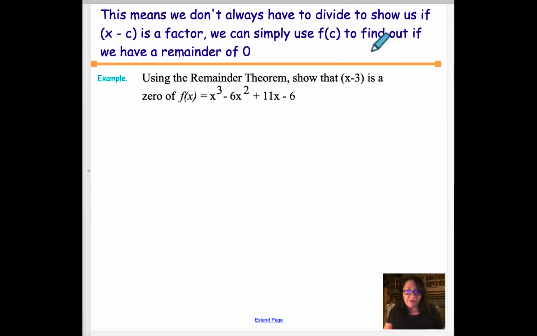So 27 minus 54, add 33, subtract 6, I get 0. So f of 3 is equal to 0. And therefore x minus 3 is a 0, which also means a factor of the polynomial f of x. That's what that means.